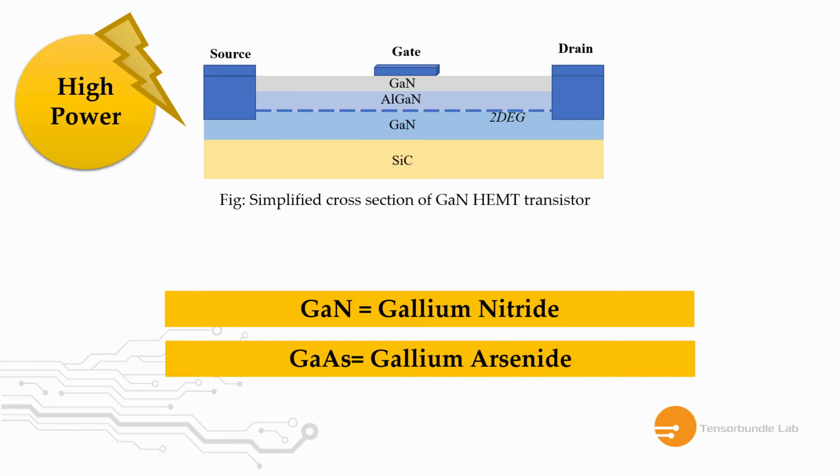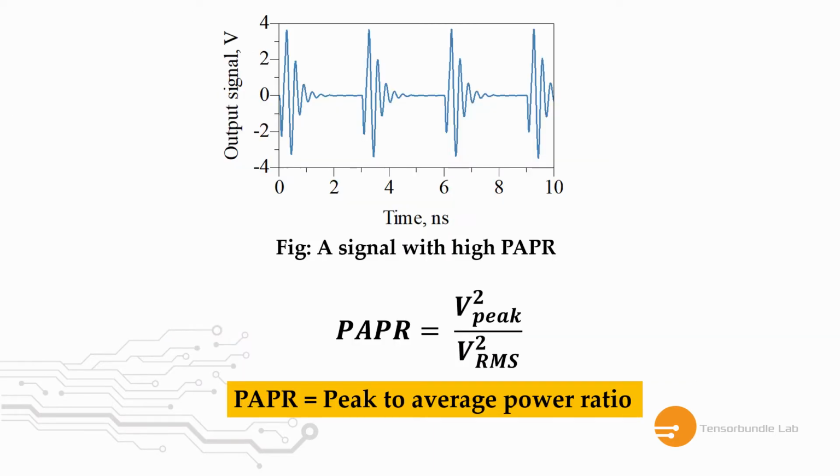They use high PAPR signals. And high PAPR means the peak to average power ratio is very high. And Doherty is very much suitable for amplifying high PAPR signals. That's why there is so much interest in designing Doherty amplifiers.